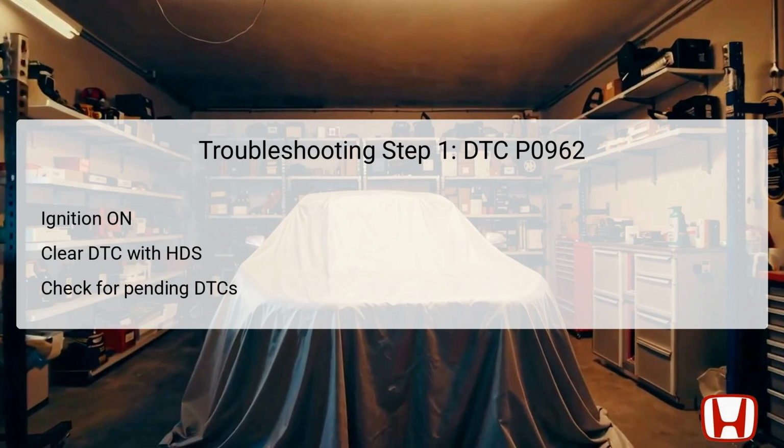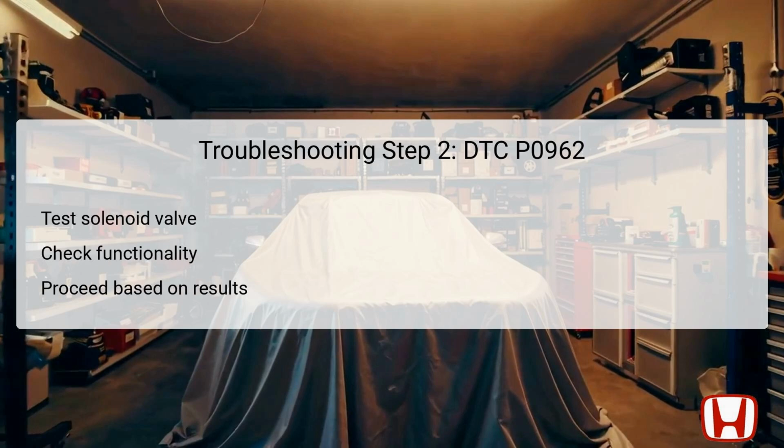After clearing, start the engine and let it run for at least 1 second before checking for any pending or confirmed DTCs using the HDS again. If DTC P0962 is indicated, the failure has been duplicated and you will continue with the next steps. If it does not appear, it indicates an intermittent failure, and the system may be operating correctly at this time, requiring you to reproduce the failure conditions.